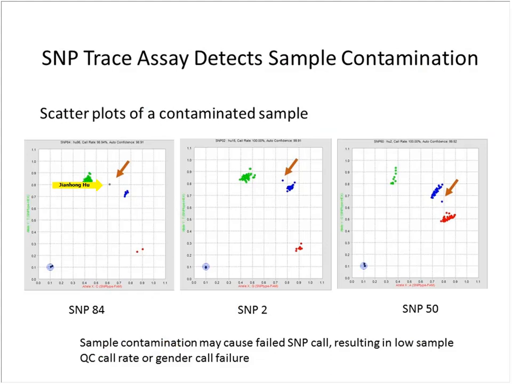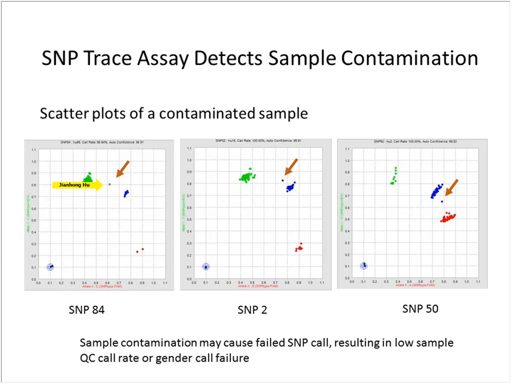This SNP either fails in the call, or it just has a lower call confidence. So sample contamination in general will cause failure of the overall SNP call, or even failure in the sample gender call as well.